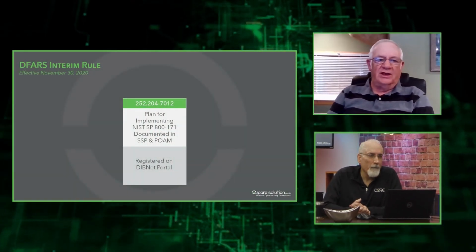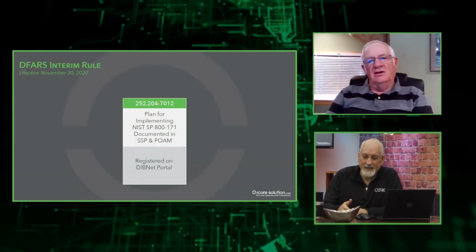So SSP is one. And what's the POAM again? The POAM is your plan of action and milestones. It is determining when we're going to get those missing controls in place. Yep. So that is the importance there, that, okay, we may not have everything in place today, but this is our plan to get it in place.